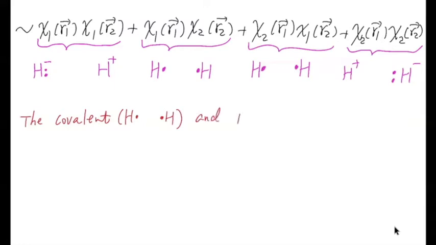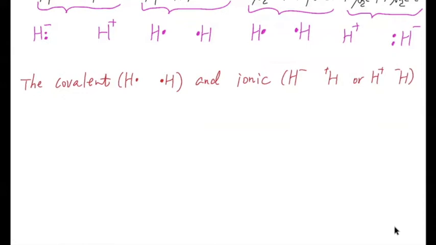And ionic, which means one of the hydrogens contributes 2 electrons, or H plus, H minus, right? You will see both the covalent terms and ionic terms occur with equal weight.